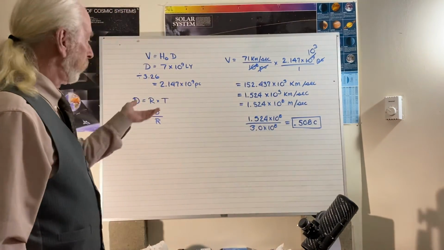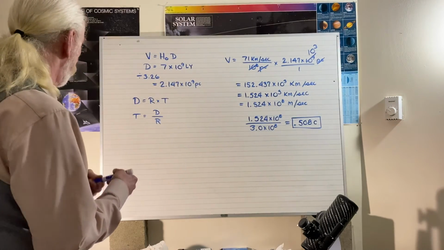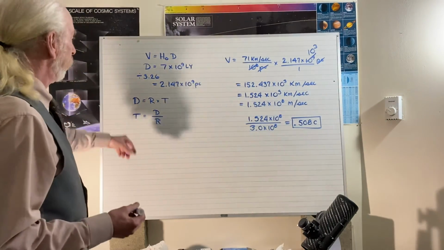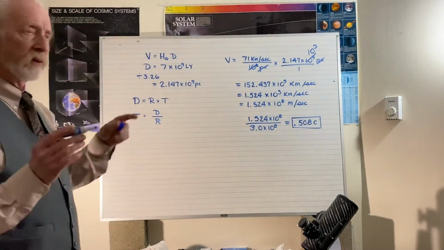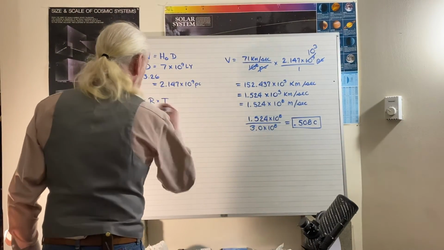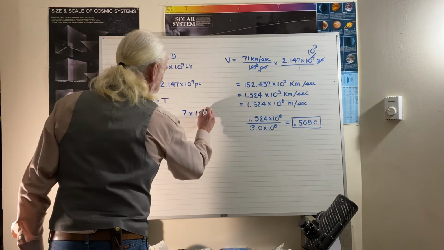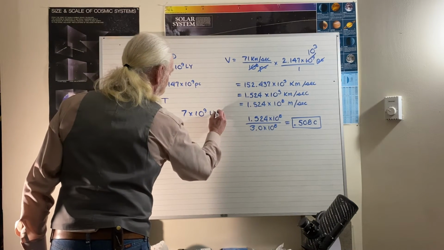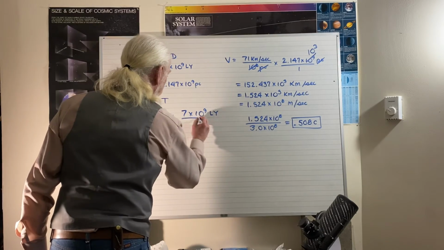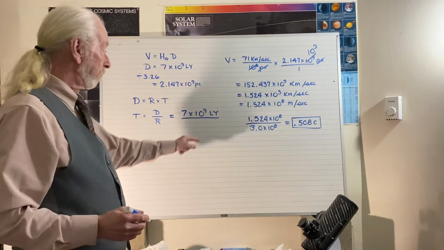Well, we can do the same thing here. We have the distance and we have the rate. So let's figure out how long that galaxy has been moving away from us. The distance, 7 times 10 to the 9th light years. The rate, expressed in terms of light, and that's what we're expressing here.